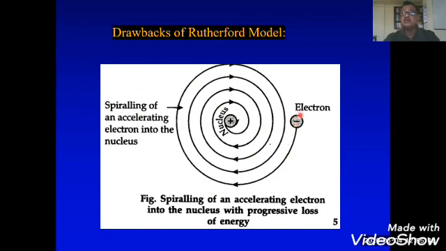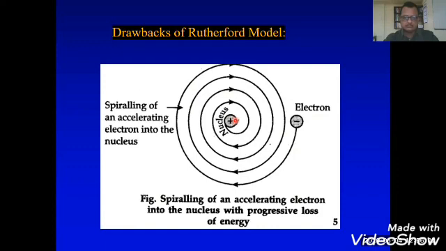But the difficulty was that according to the theory of electrodynamics, when an electron revolves around the nucleus, it will continuously lose energy and come closer to the nucleus, and ultimately it will follow a spiral path and fall into the nucleus.